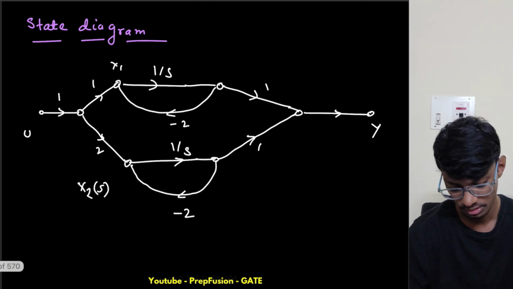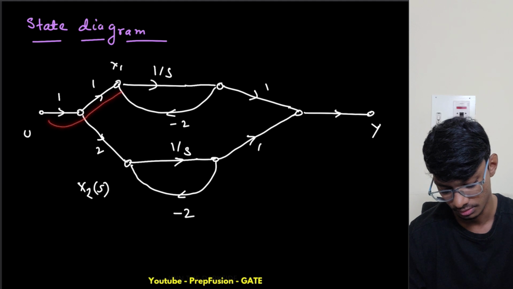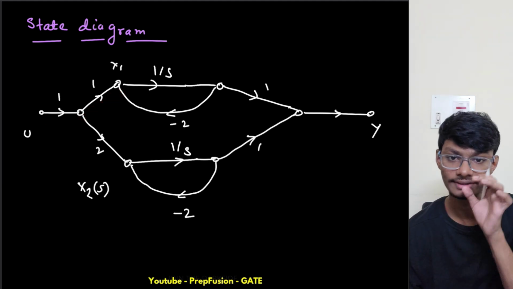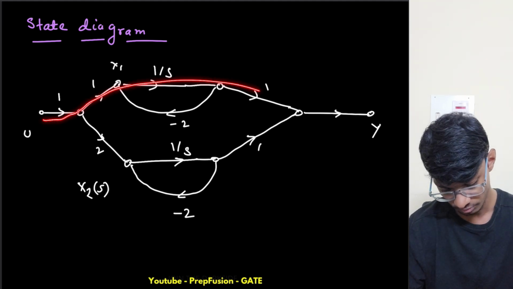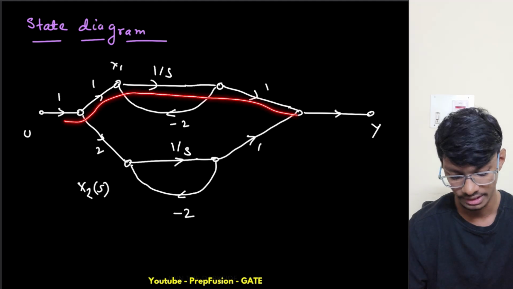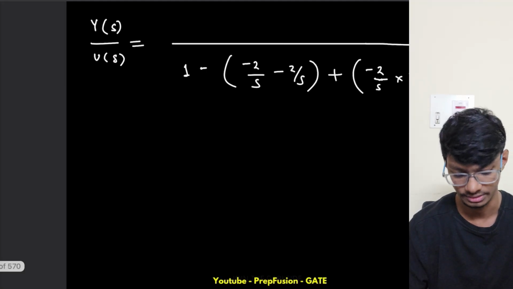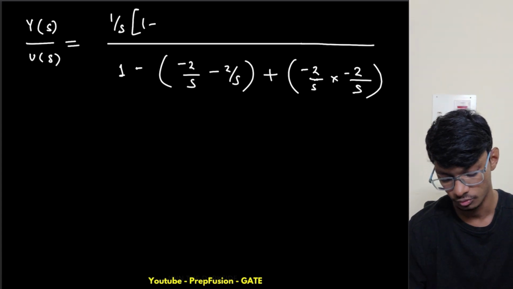And what is the numerator? Now I have to calculate each forward path. How many forward paths do I have? This is the first forward path, and this is the second forward path, right? For the first forward path, what is the gain? It is 1 by s. And what is the associated loop gain factor?